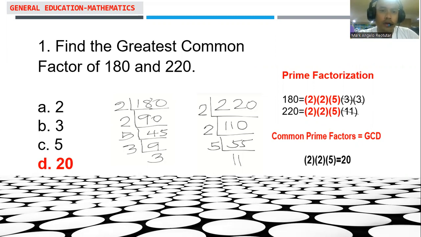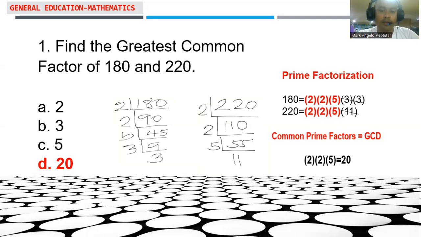When we say greatest common factor, this is a common number which is considered to be the largest factor of the two given numbers. So considering the factors of 180 and 220, look into their common greatest factor. That will serve as the answer of the problem.